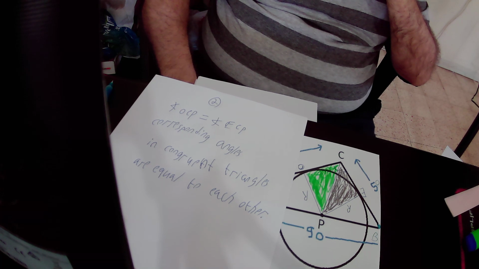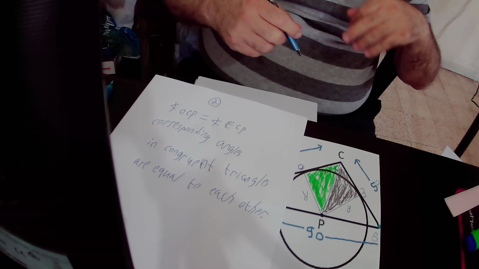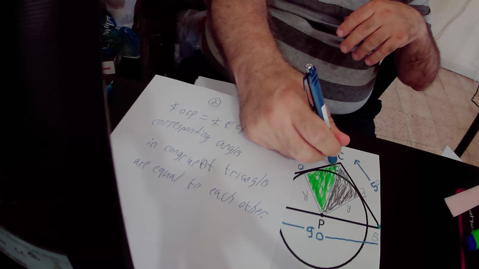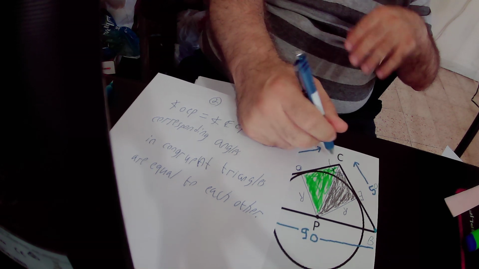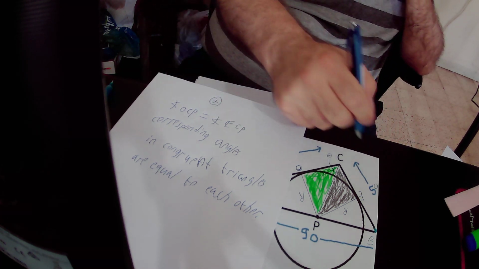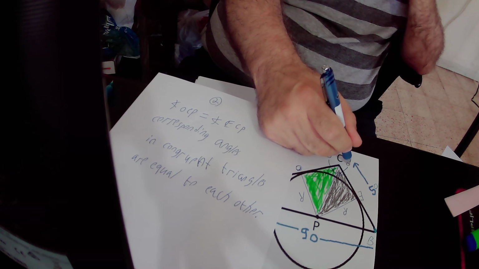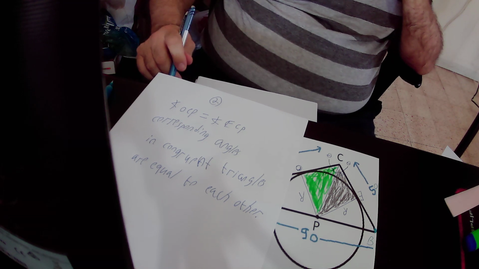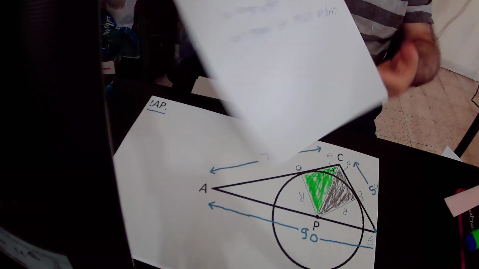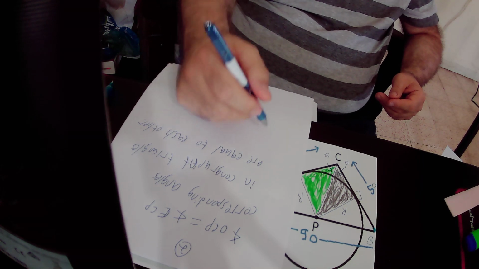Okay? So if we call angle OCP theta, then angle ECP will also be called theta because they are equal to each other. Okay? So we will write it down.